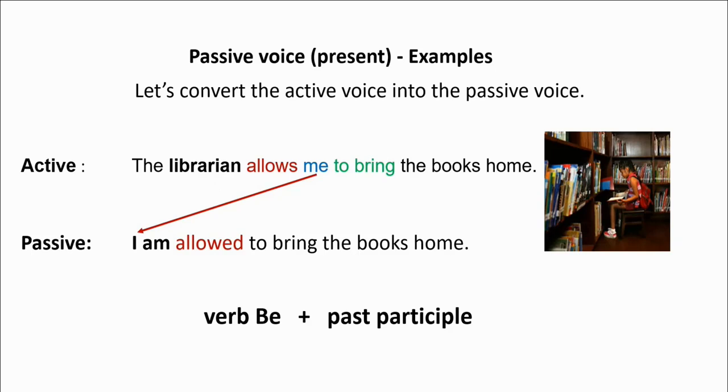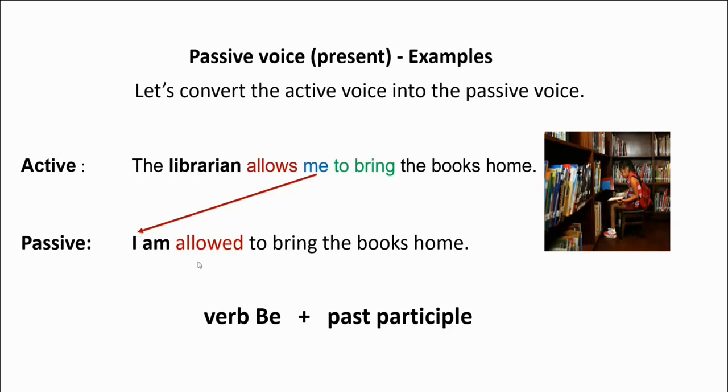All right? So we do not know really who is giving me permission to bring the books home. And that's because it's not really an important piece of information. The important thing in the sentence is that I have permission. All right? That is in the passive. So that's what this means.